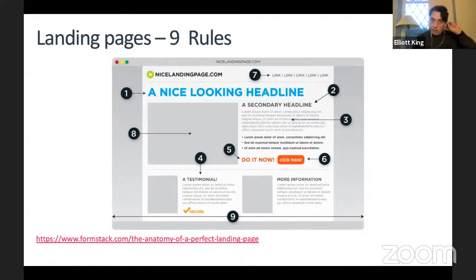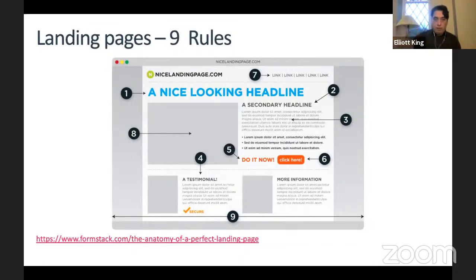The way that we do that is we want a nice looking headline, not just nice, but ideally it would also be related to whatever message it was that sent the user here in the first place. If we're talking about an ad, we would want that headline to relate to the source ad. Obviously, a secondary headline is going to reinforce what the offer is here, because we're probably offering something.